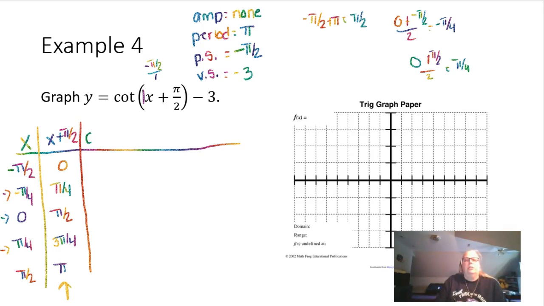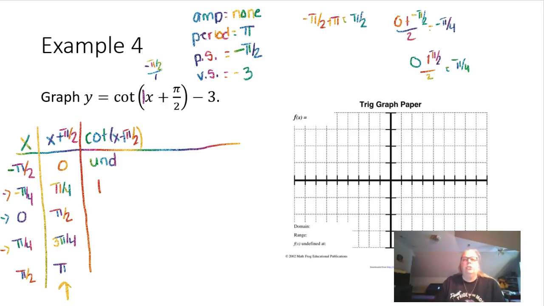Let's take the cotangent. The cotangent is x divided by y, so we're looking at our unit circle. At 0, the cotangent is going to be 1 divided by 0, which is undefined. At pi over 4, the cotangent is square root of 2 over 2 divided by square root of 2 over 2, so that's going to be 1.